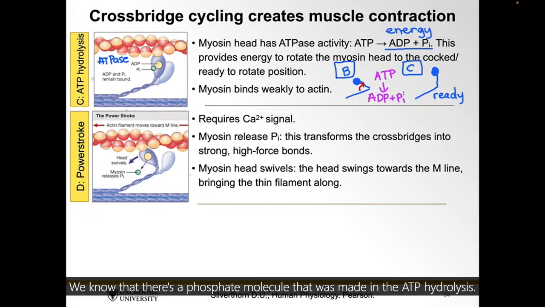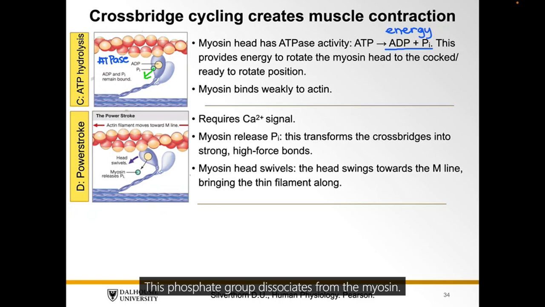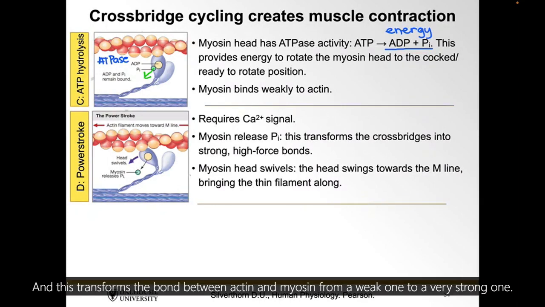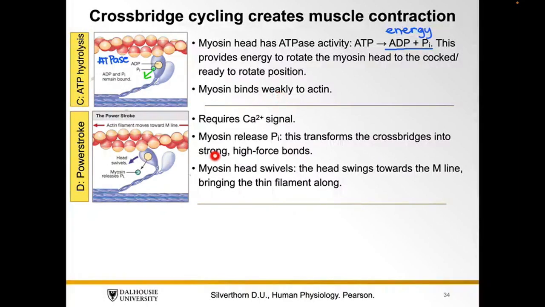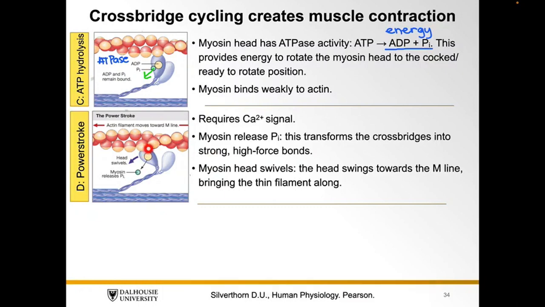We know that there's a phosphate molecule that was made in the ATP hydrolysis. This phosphate group dissociates from the myosin. And this transforms the bond between actin and myosin from a weak one to a very strong one. So now the cross bridge here that we see is very, very strong.